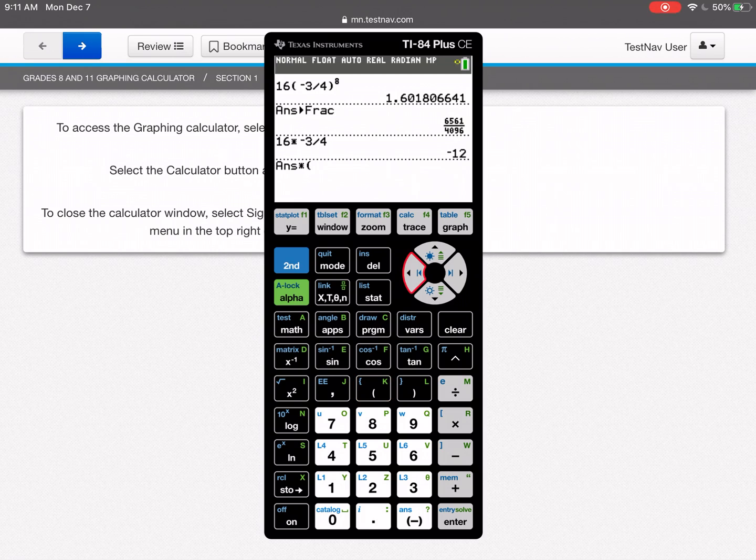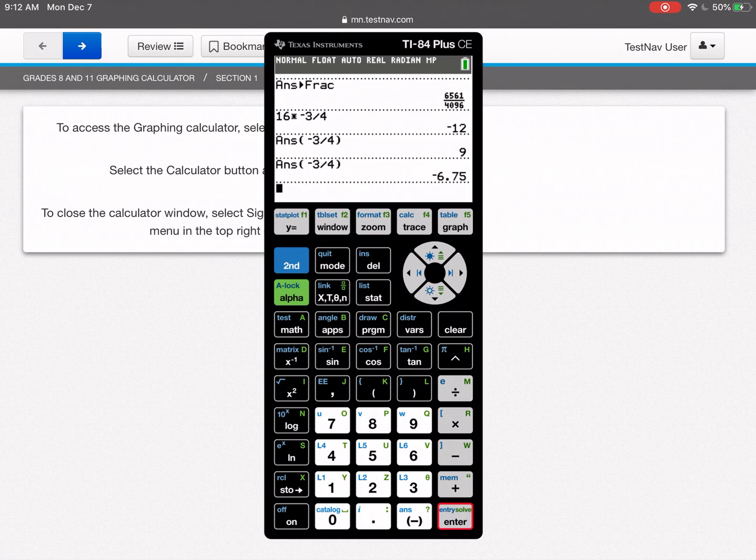Doesn't matter. Multiply that by negative 3 divided by 4. So 16 is my first term. Negative 12 is my second. 9 is my third. This is my fourth term.